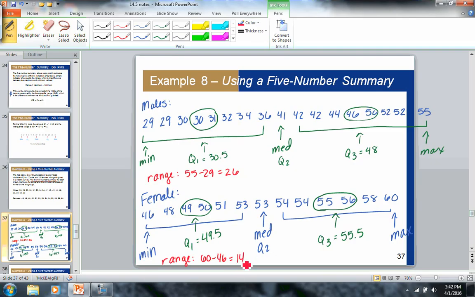So the females have a much smaller range, so that means that their data values aren't as spread out as the males. So if you're a doctor and you're looking at this data, that's an important observation that males have a wider variety of their HDL levels. Women seem to have levels that are a little bit more clumped together from the mid 40s up to 60.